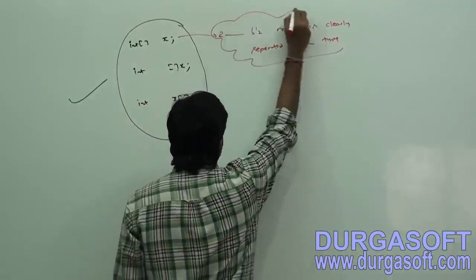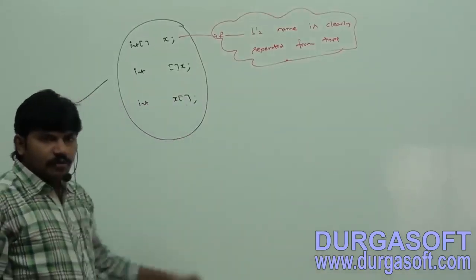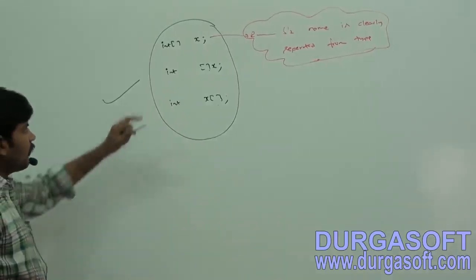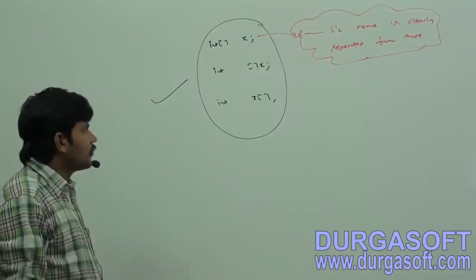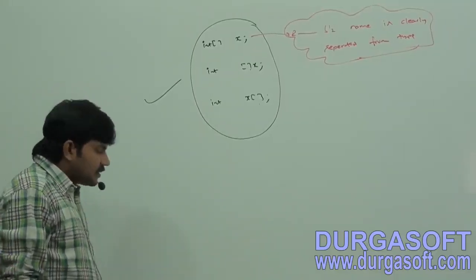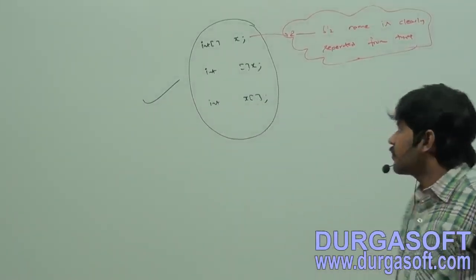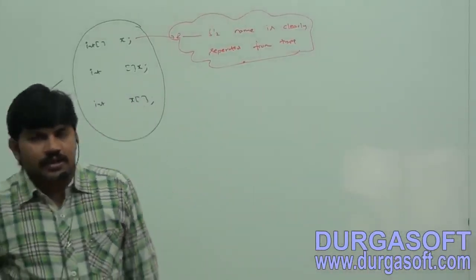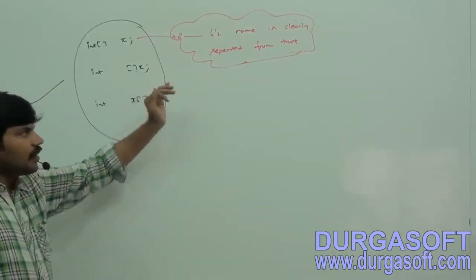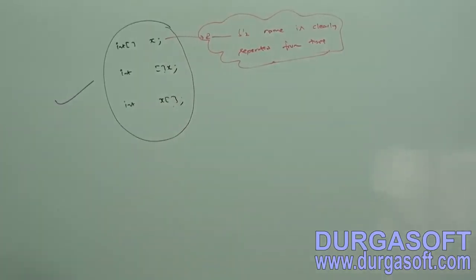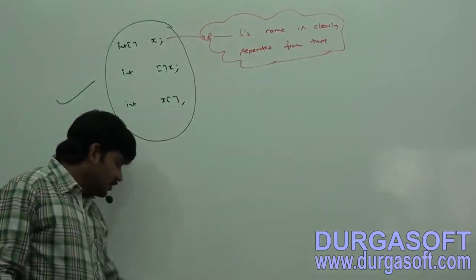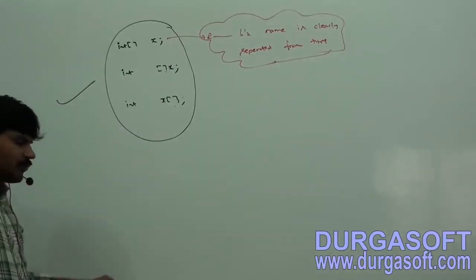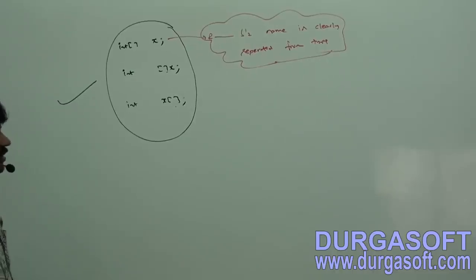This is what you have to remember. Take the first one, int[] x: it is recommended because the name is clearly separated from the type.